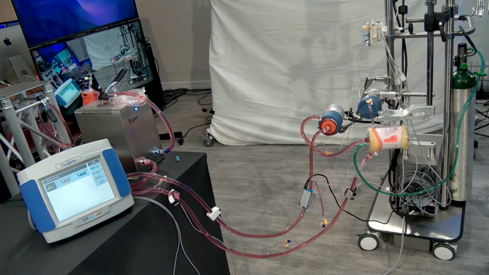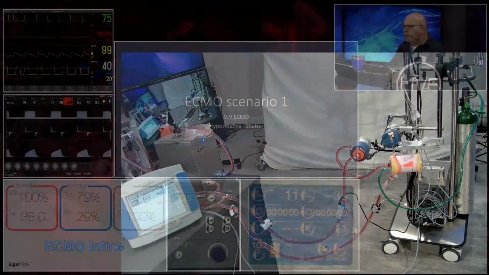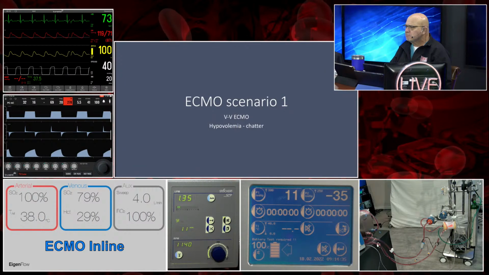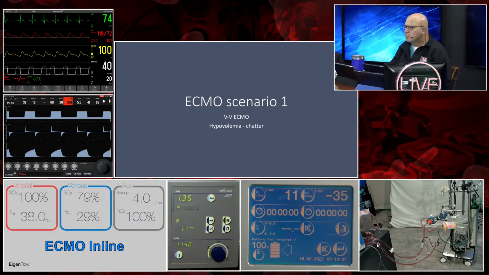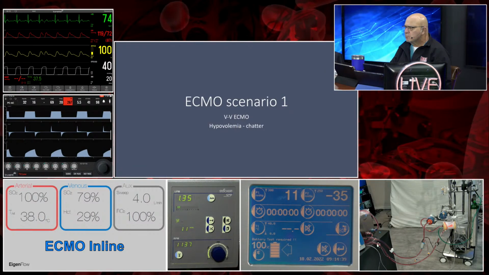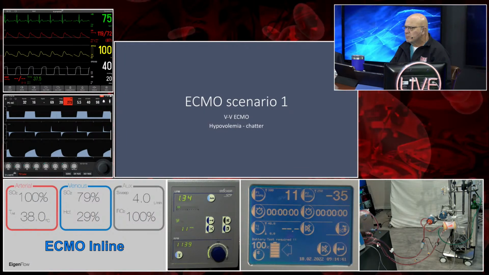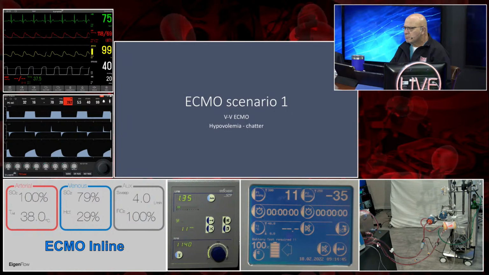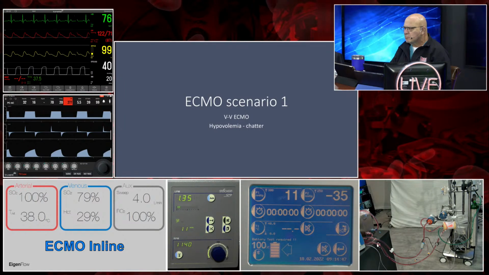Now, as far as the screens, just for our demonstration, go to the full pack, David. Okay, you see we've got a lot of information up there. When you're looking at your screen at home, you'll see a patient monitor in the upper left. Just below, we've got the vent monitor.